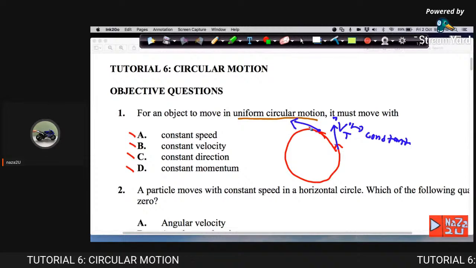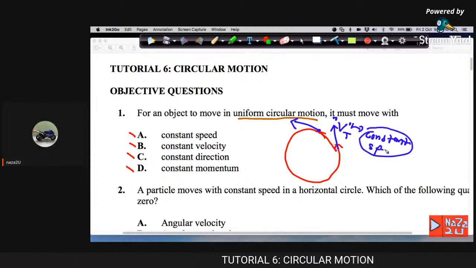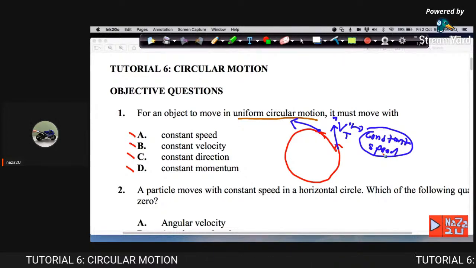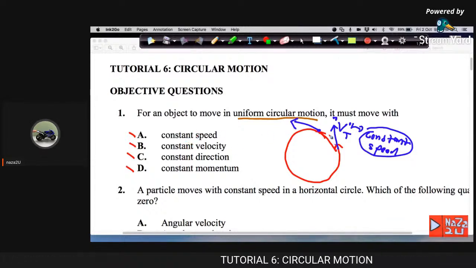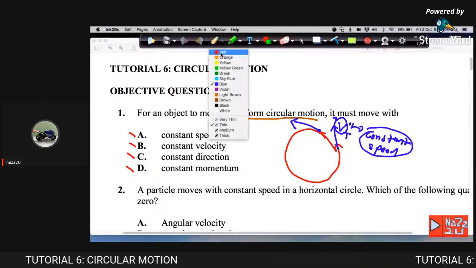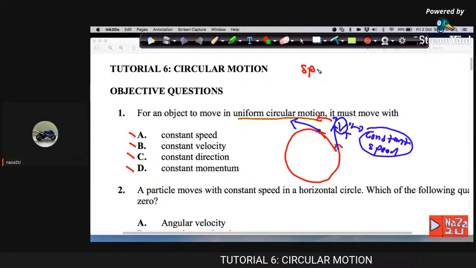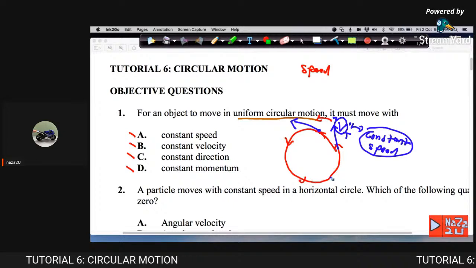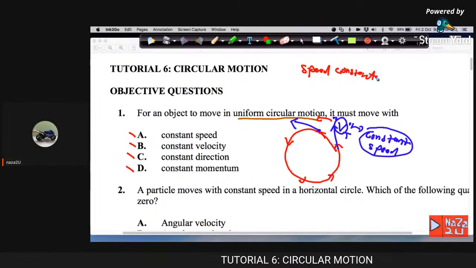So meaning here we have constant speed, okay? Lajunya yang sama constant, but the value of the velocity is always changing because of change of direction. So the speed for the object in the circular path is always constant, right?